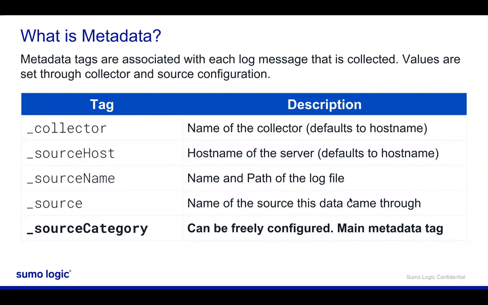By default, the top four, basically the ones that are not bolded on here, will automatically get applied. So the name of the collector. So you're going to have all these collectors out there grabbing data, and so you will have the data labeled with the name of the collector. Now, for example, is the name of the collector a good way for your users to locate data? Maybe, maybe not.